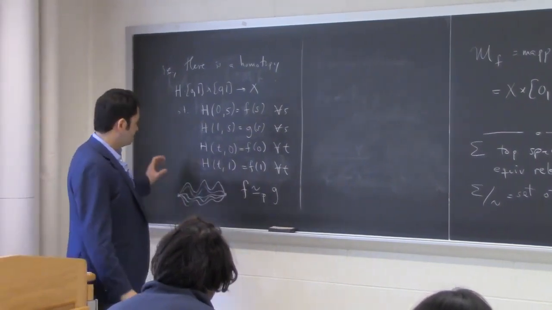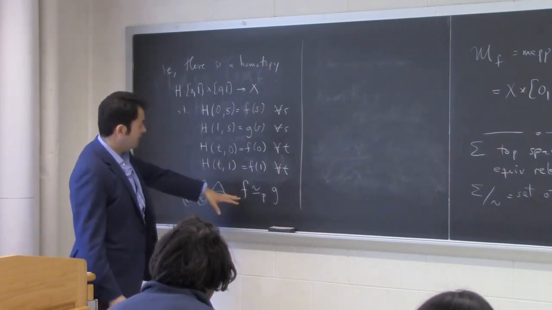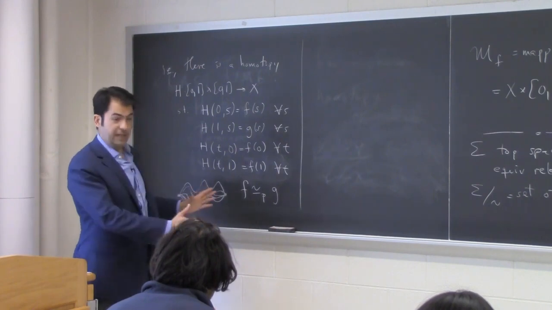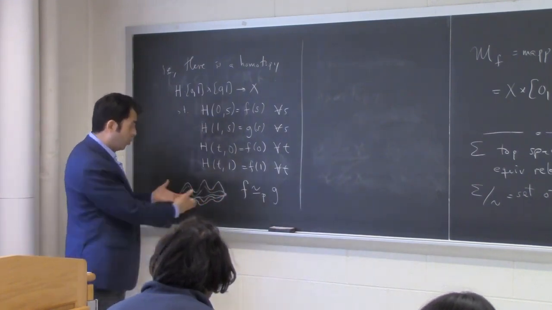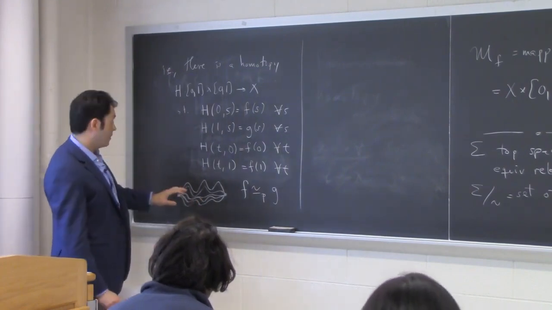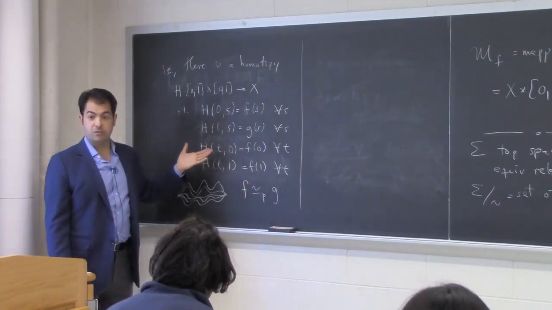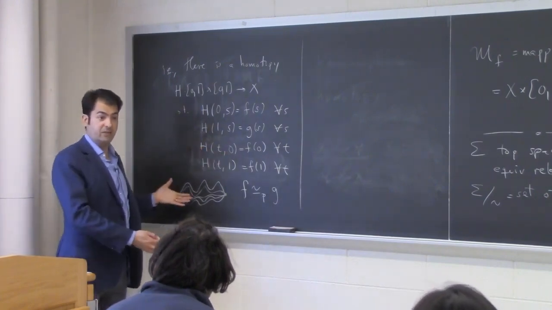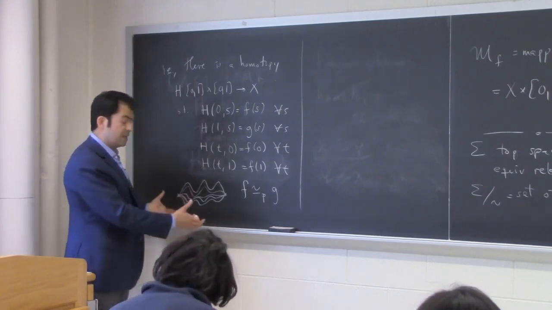Okay, so we want to replace a path with a homotopy class of paths because we want to know if there are holes. We're going to be looking at loops in a moment. But one immediate advantage of replacing paths with homotopy classes of paths is that you can reparameterize and not change anything.